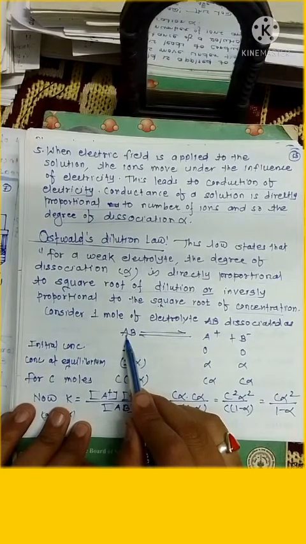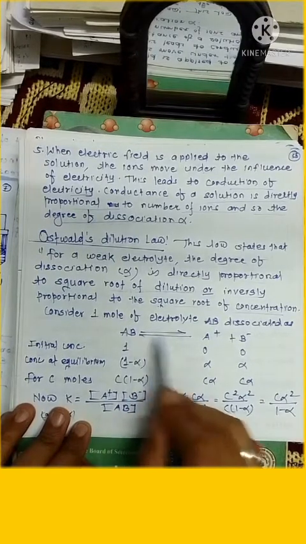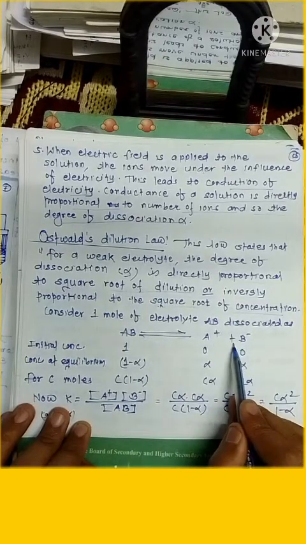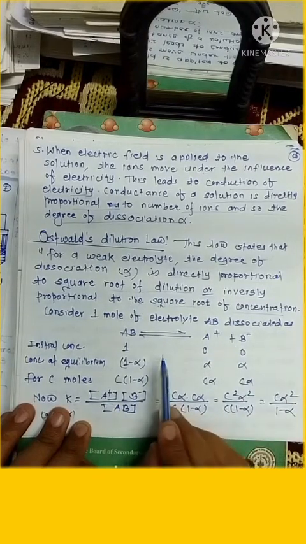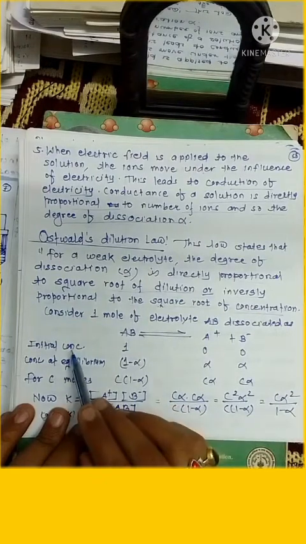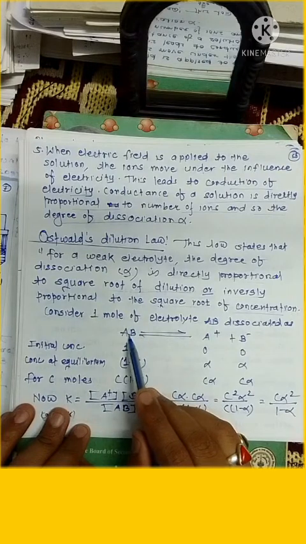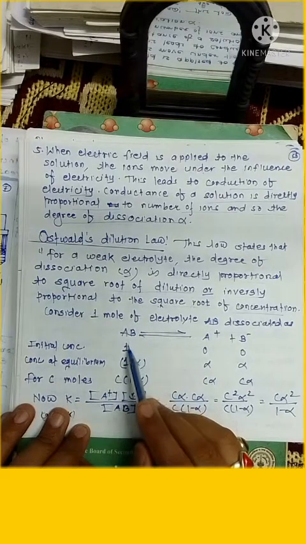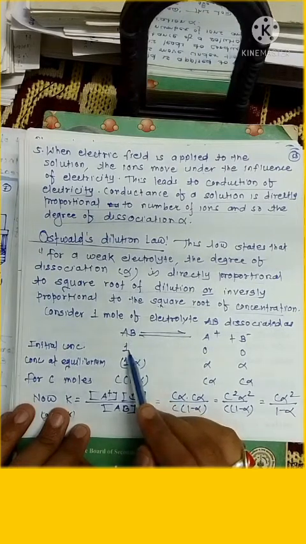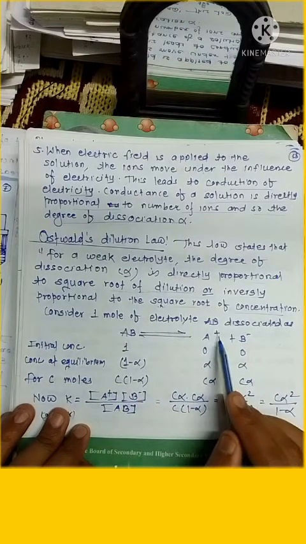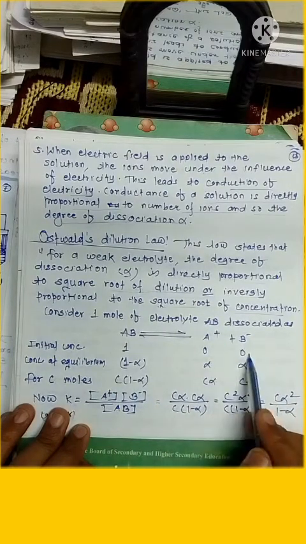This is the electrolyte AB, which is in equilibrium with A plus and B minus. At initial concentration, AB remains as it is. So for 1 mole, the value of AB is 1 and the value of A plus and B minus is 0, 0.